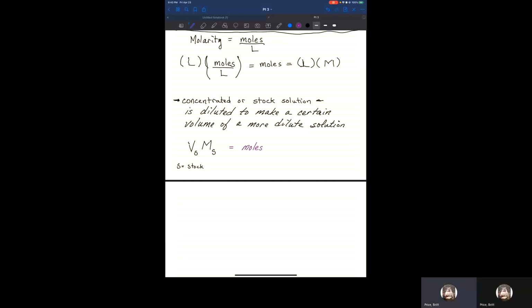So I'm going to take a small amount of something that's highly concentrated. Well, that number of moles, when I put it into my new container, I will have a dilute concentration and a dilute volume.